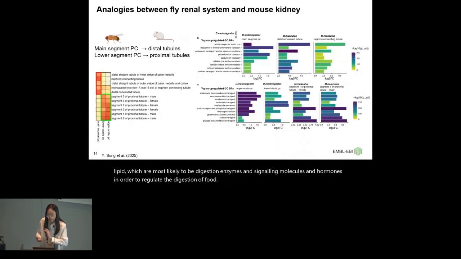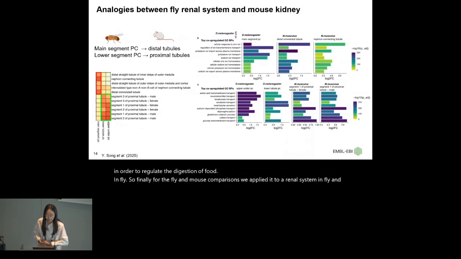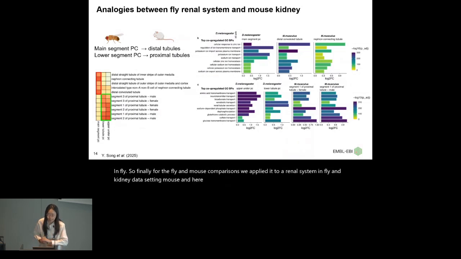So finally, for the fly and mouse comparisons, we applied it to a renal system in fly and a kidney dataset in mouse. And here we find some analogies between the principal cells in fly and the different segments of kidney tubules in mouse.